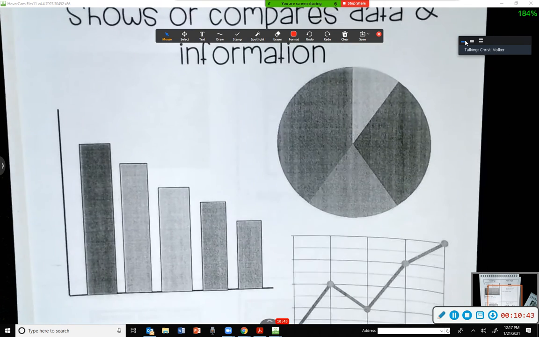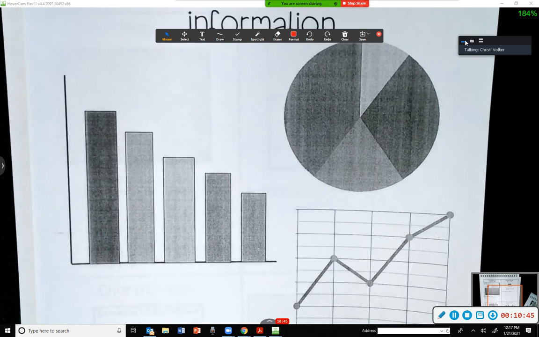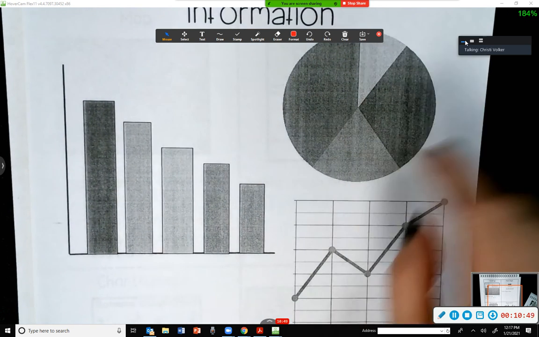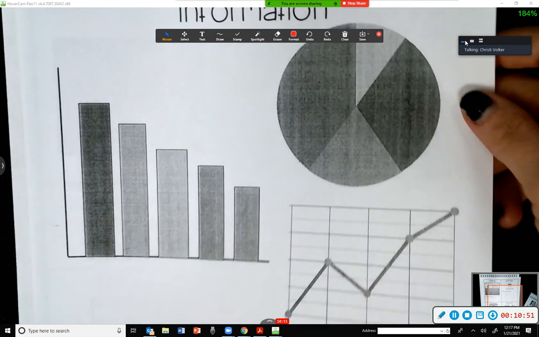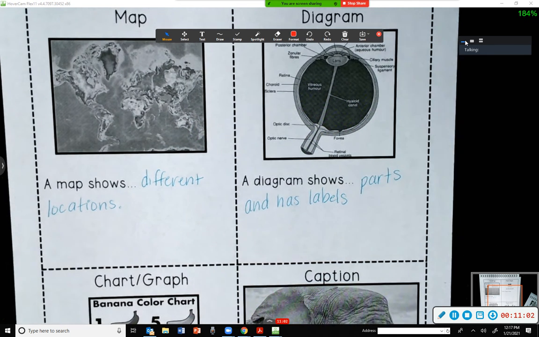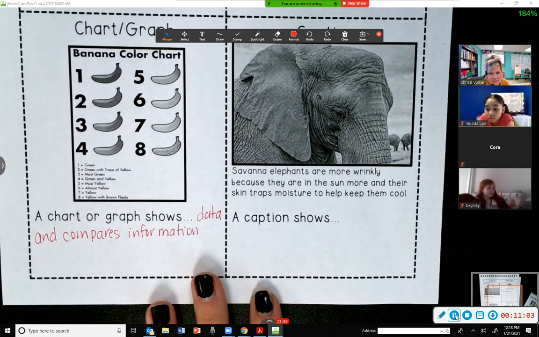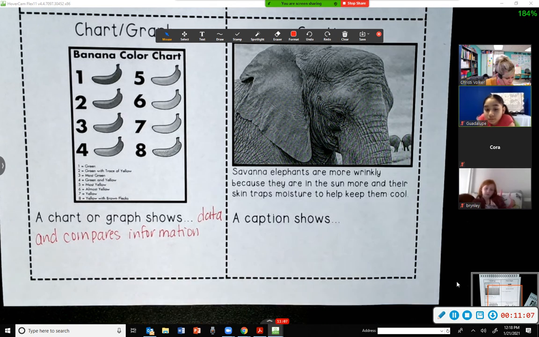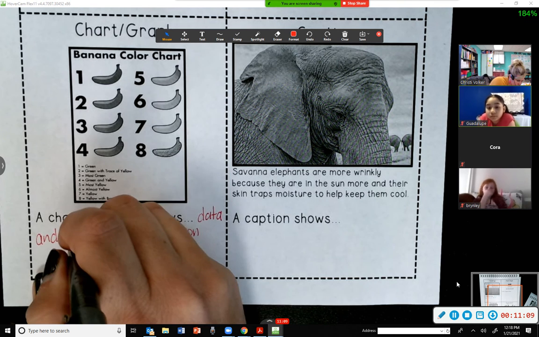It's kind of just an organized way of showing information. We have bar graphs, line plots, circle graphs, all types of graphs. Okay, so a chart or graph shows data and compares information.